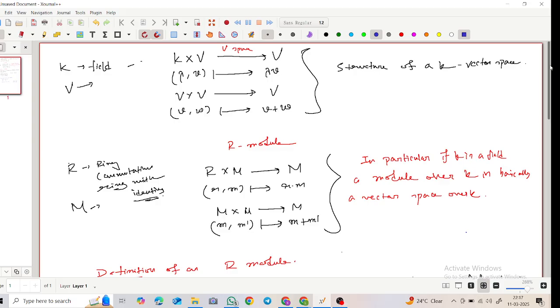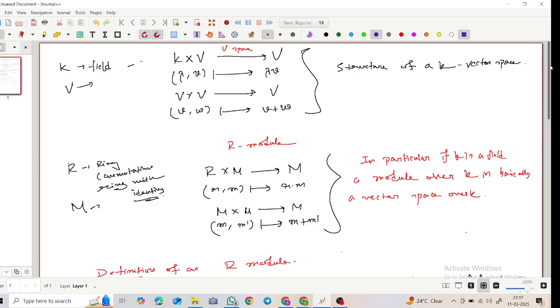Ankit, do you know what an R module is? Hello? Sir, your audio is not clear.